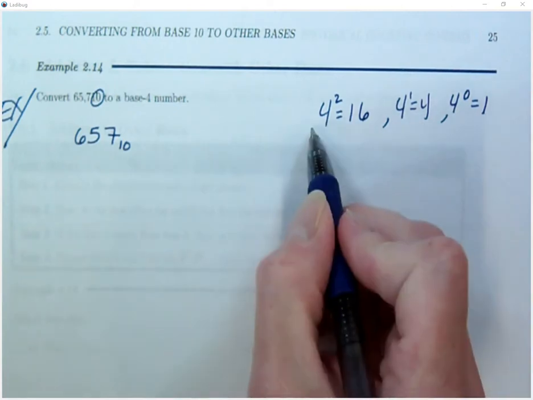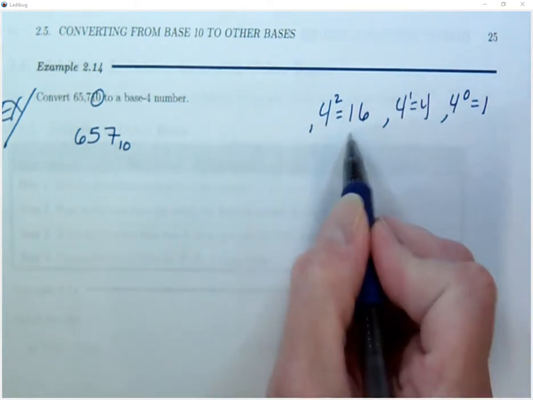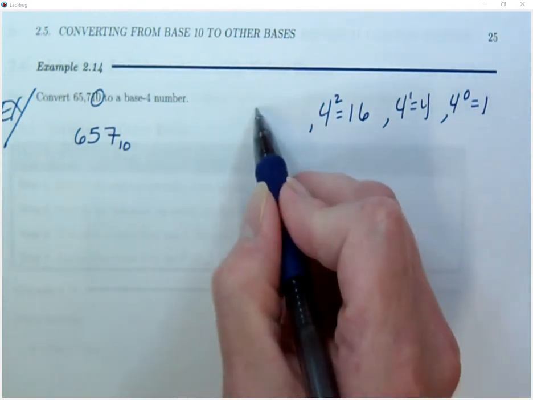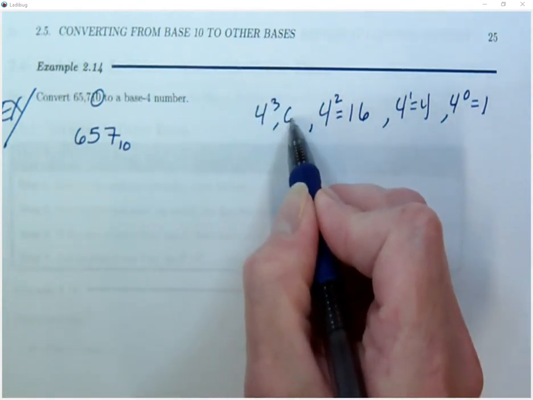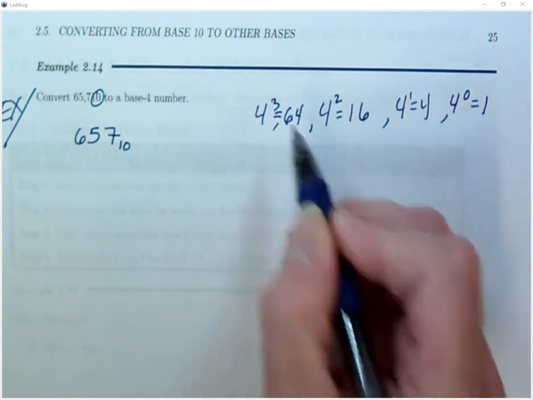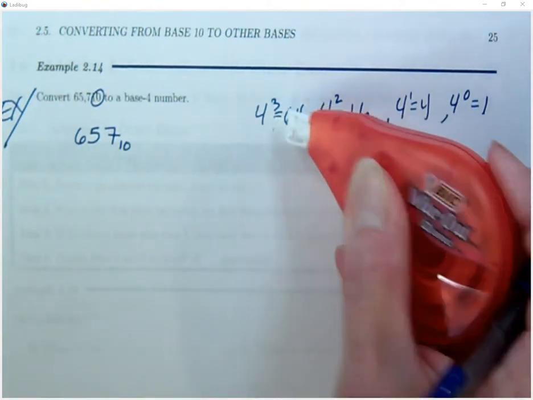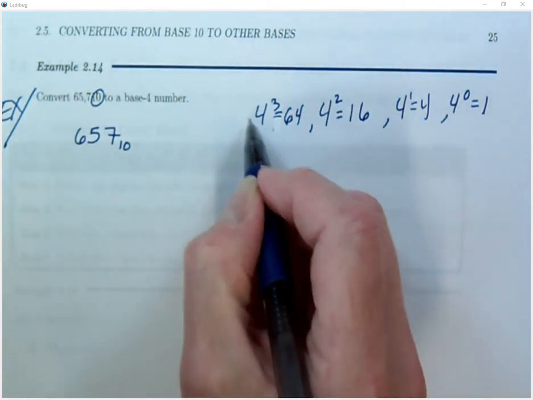So you're kind of noticing, okay, is that going to fit in? Yes, but I'll have lots of leftovers. And then 4 cubed would be 64. And then 4 to the 4th is 256.